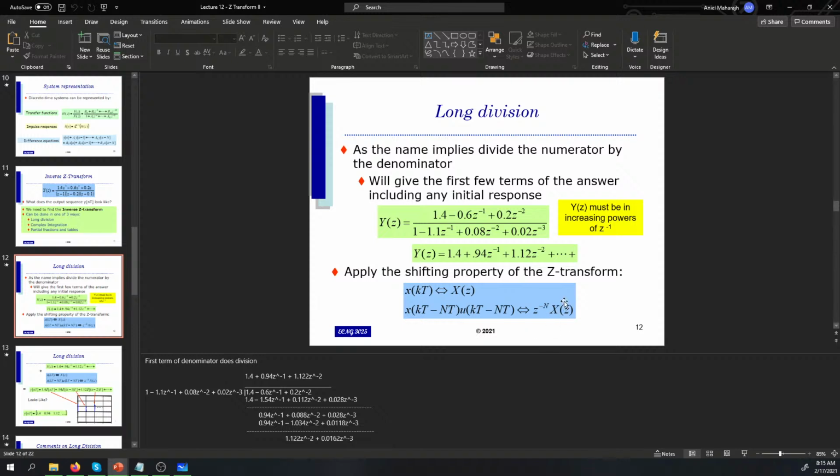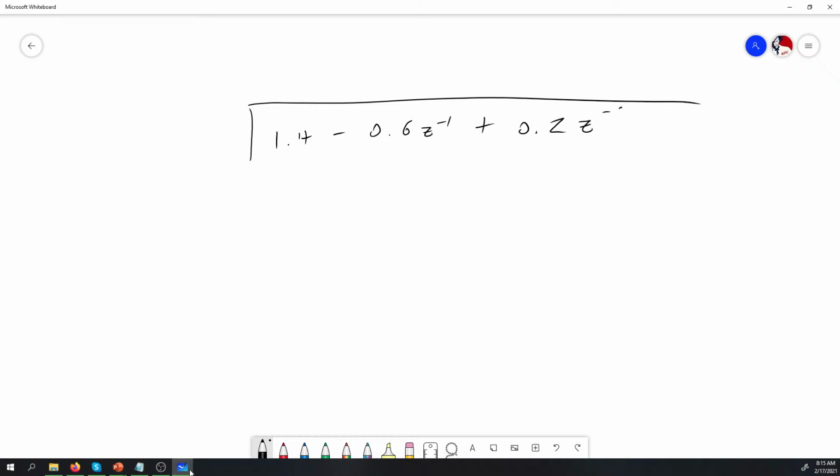So in our slide here, remember we'd be dividing the numerator by the denominator. So when we're setting up our long division table here, we'll put the numerator in this part here: 1.4 divided by 0.6 z to the negative 1, plus 0.2 z to the negative 2.